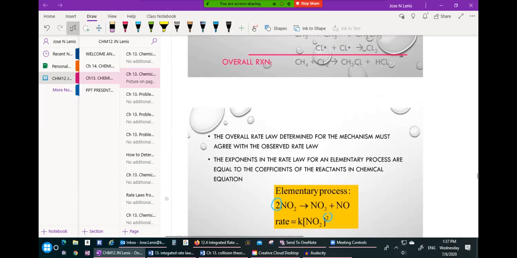If the rate law of your elementary process does not match the rate law of the overall reaction, then your mechanism is not acceptable and you need to write a different mechanism. Remember, a reaction mechanism is just a proposal trying to explain what's happening at molecular level. You actually don't see the atoms or molecules there.